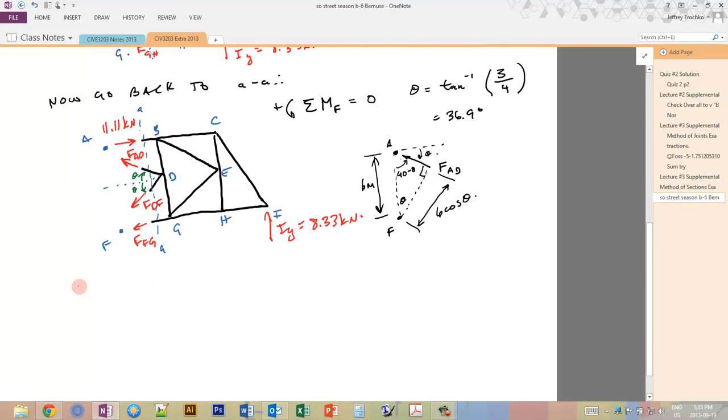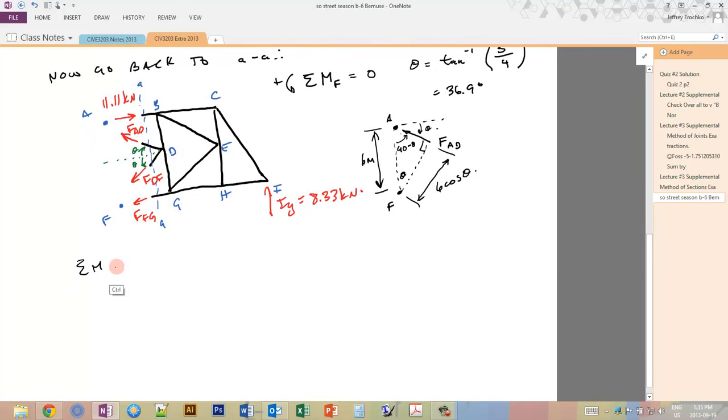So if we continue with the sum of moments about F, and counterclockwise is positive, then we get negative 11.11 because that's clockwise, which is negative, times 6 meters, which is the perpendicular distance, the full height of the truss, plus FAD, the value of that force, times 6 meters times cosine of theta, and theta is 36.9 degrees, plus 8.33, which is the reaction, times 12 meters, which is the distance between F and I, equals 0.